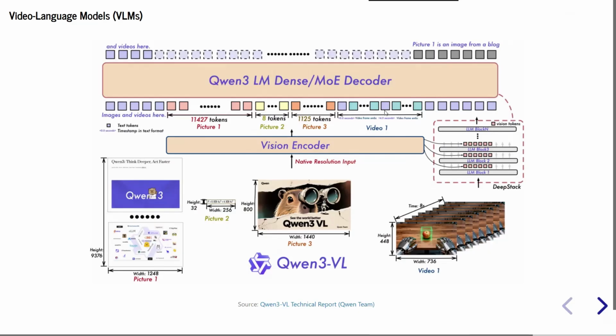And this is the token representing time step 4. And these are all the tokens of the image that are extracted from the image at this time step. And then we can simply use, as before, a text transformer to output some text, such as picture 1 is an image from a blog.